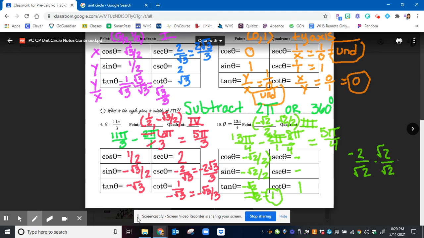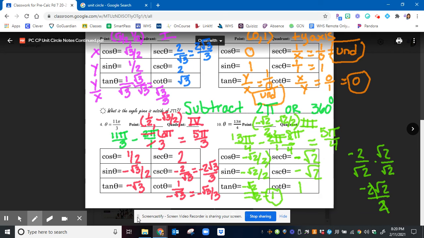Okay, and that gives me negative 2 radical 2 over 2. And then what happens is the 2's cancel, and we're left with a negative radical 2 for both secant and cosecant. Okay, so the 45, 45, 90-degree ones are actually very simple because they end up to be the same answer. Okay, and there you have it.